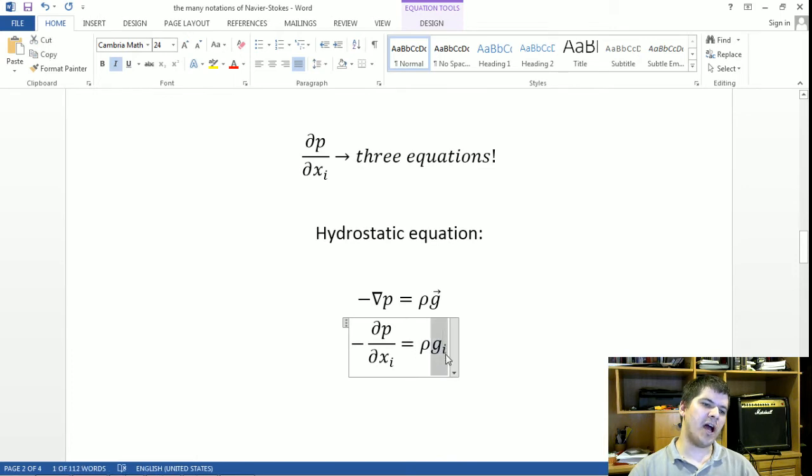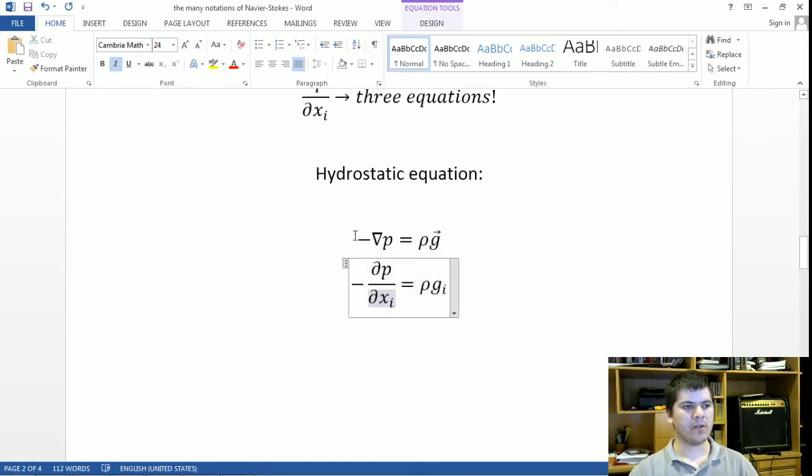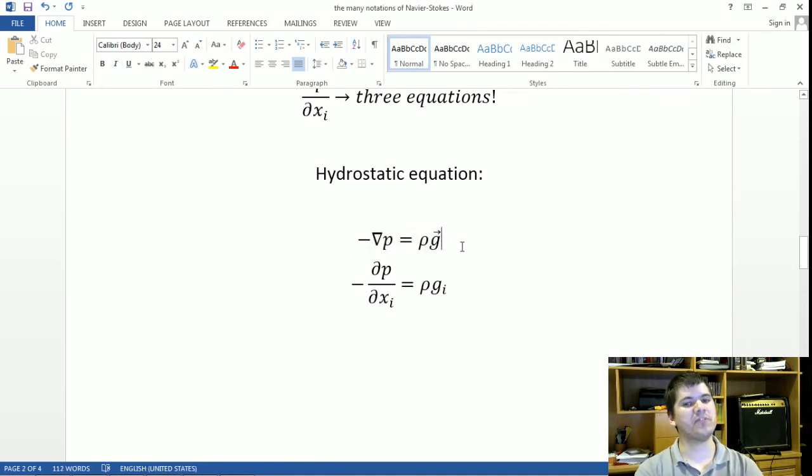So g_i are the components of the gravity vector, the acceleration of gravity vector, in all three Cartesian orthogonal coordinates. So this equation here, when you take u equals 0 in the Navier-Stokes equation and you consider the gravity, the volumetric force due to gravity, you obtain this equation here.